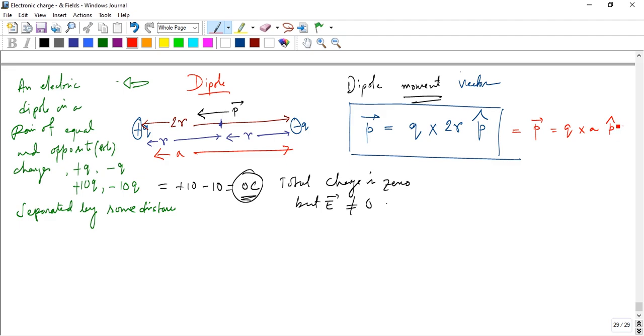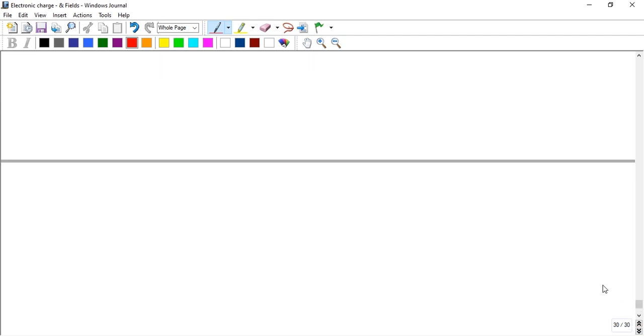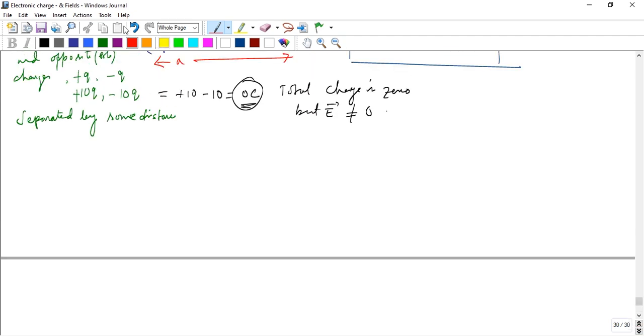Now we can calculate the electric field when a dipole is placed in an electric field, for a point on the axis. Calculate the electric field. This is very important for the board exam, the derivation is very important.